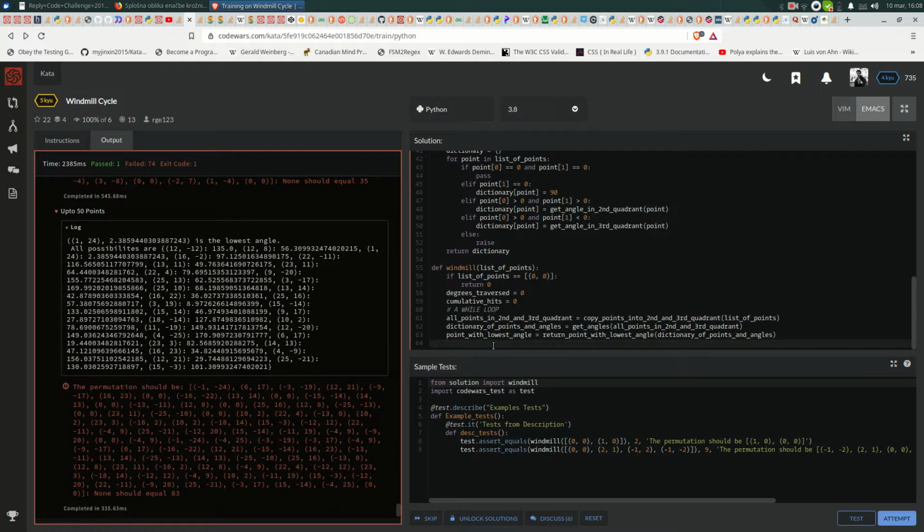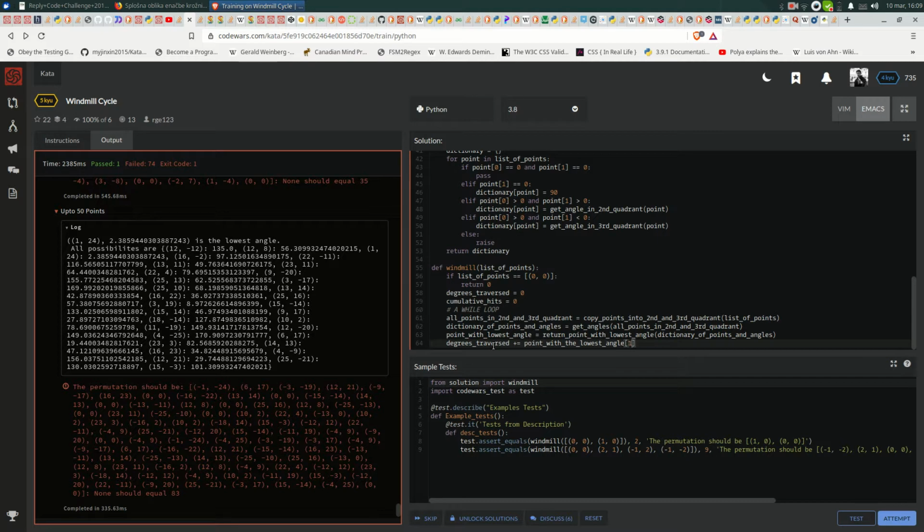So we say degrees traversed plus equals, and then we shall say point with the lowest angle shall actually be a nested tuple with the lowest angle.